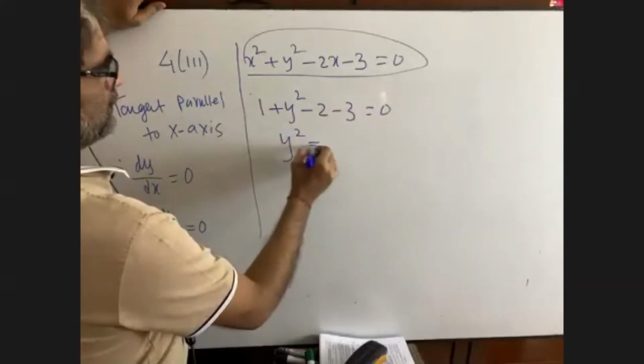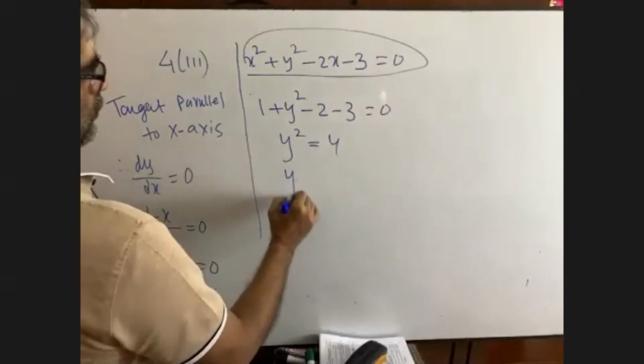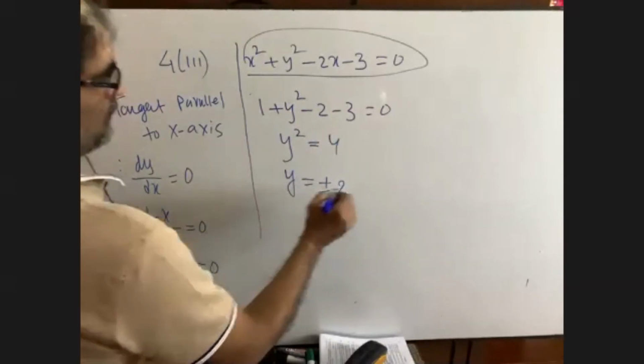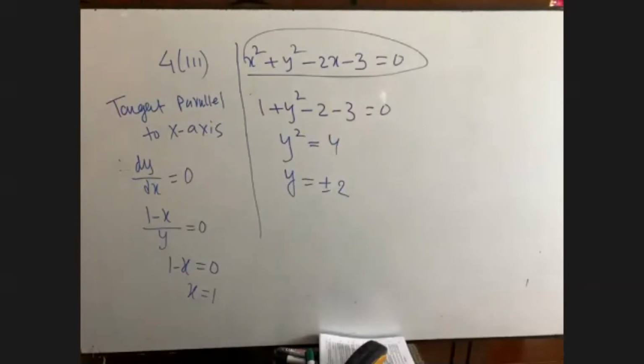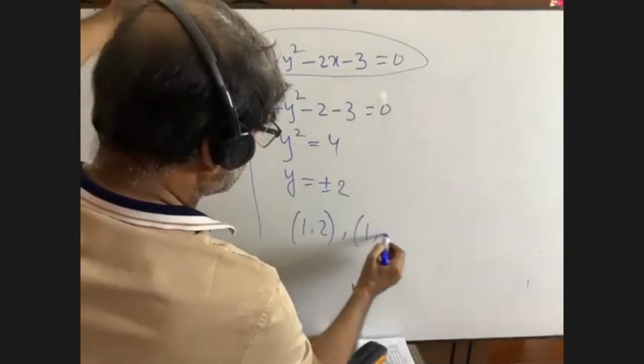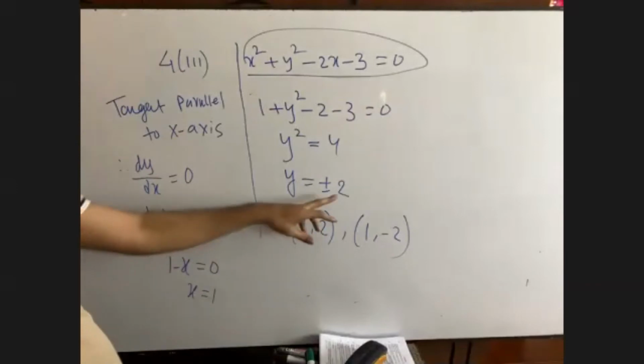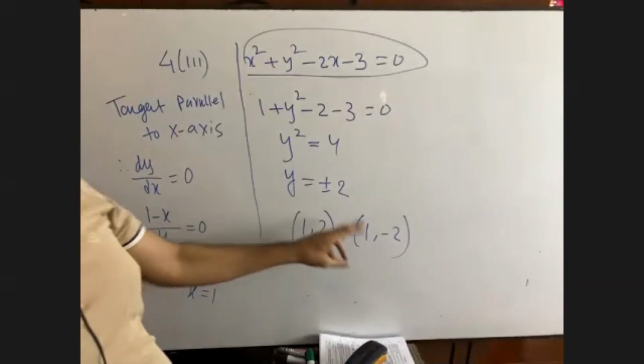So y square equals to 4, so y equals to plus minus 2. So we are getting the points of intersection as (1, 2) and (1, minus 2). This is x equals to 1, y equals to 2. Second time, y equals to minus 2.